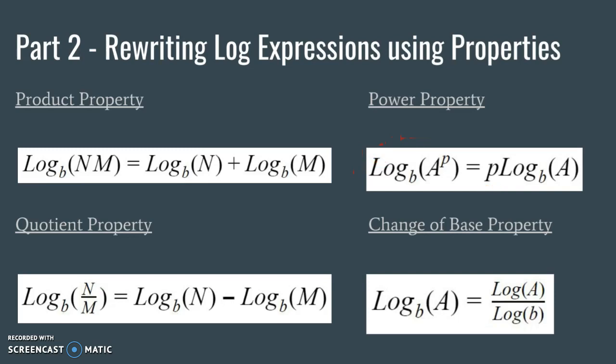And finally, sometimes we need to rewrite a single log as common logs, and what we can do is rewrite it using change of base, where the common logs split up the answer portion and the base separately, where the base lives on the bottom and the answer portion lives on top.